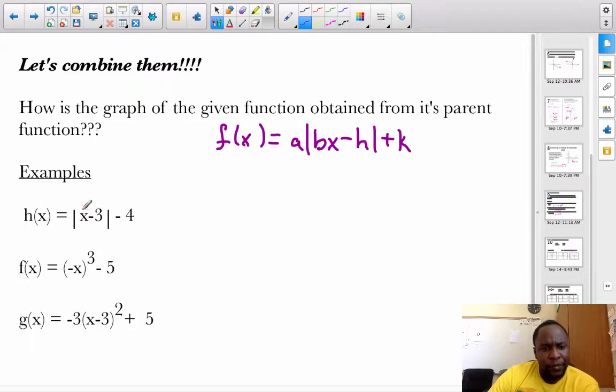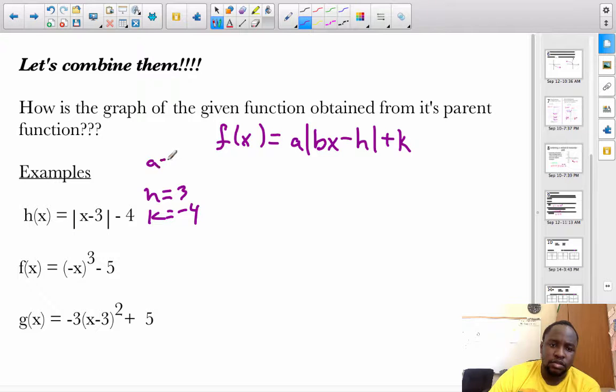All right, so here we have the absolute value of x minus 3, minus 4. So h equals 3, k equals negative 4. A equals 1, and b equals 1, so we don't really have to worry about them.